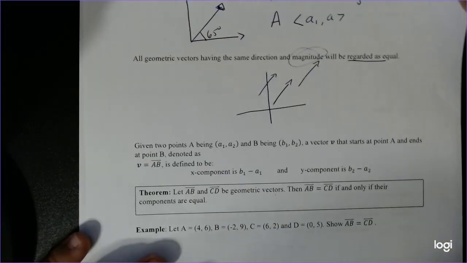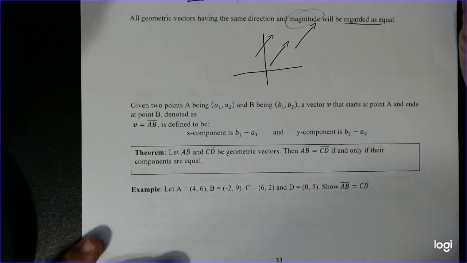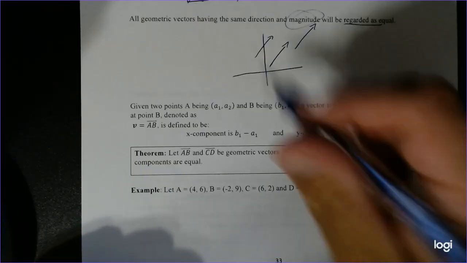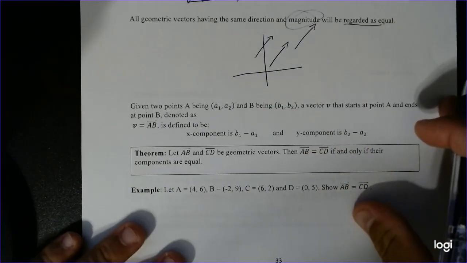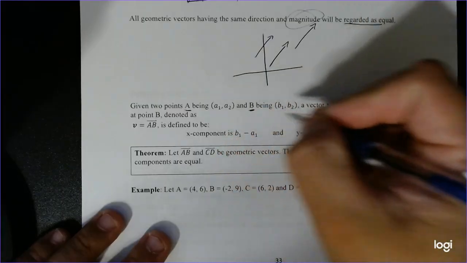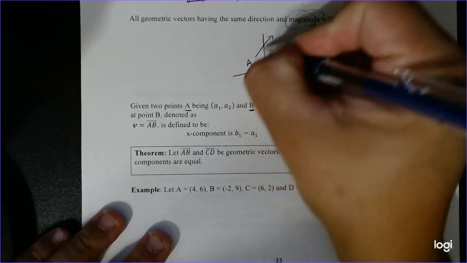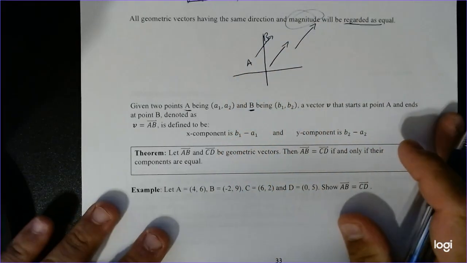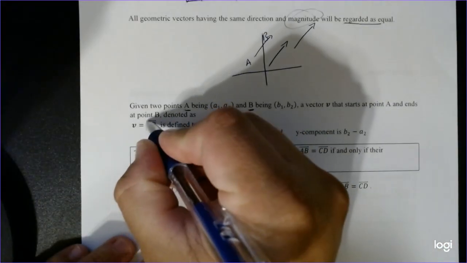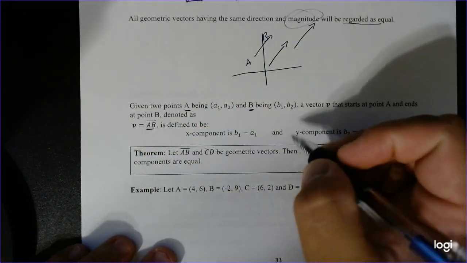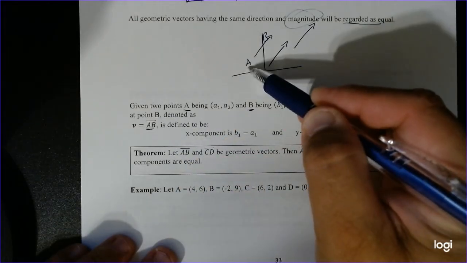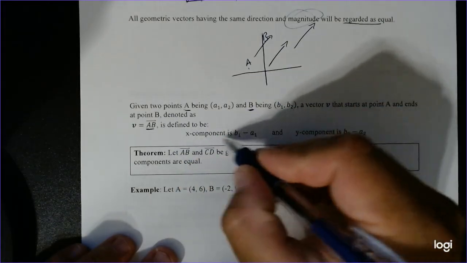So how do we actually formulate a vector, given two points in the xy plane or in three-dimensional space? For our case, it's always going to be two-dimensional. Given initial point A and terminal point B, going from point A to point B, vector V is represented as AB, with an arrow pointing in that direction, and it's always the endpoint minus the starting point for each component.